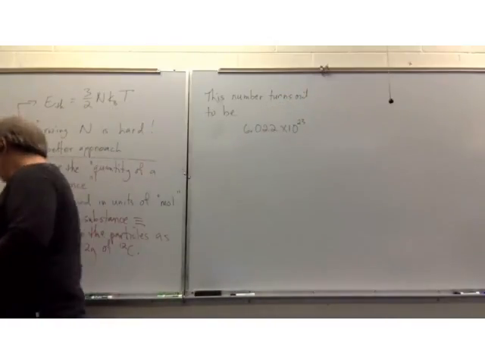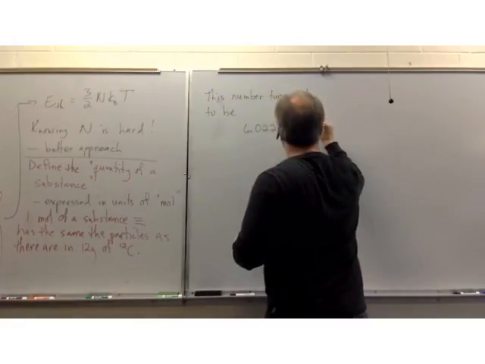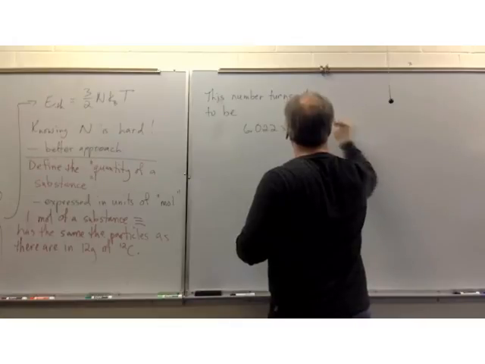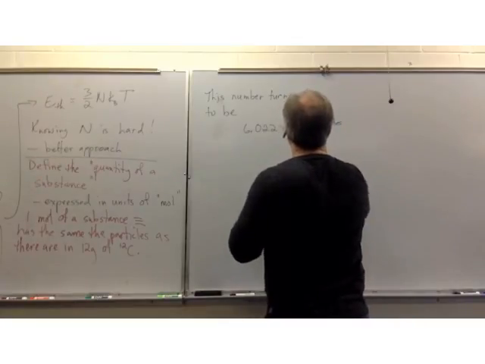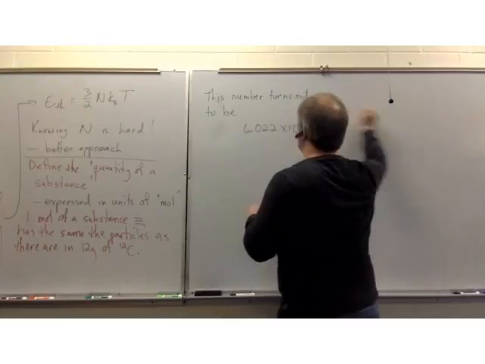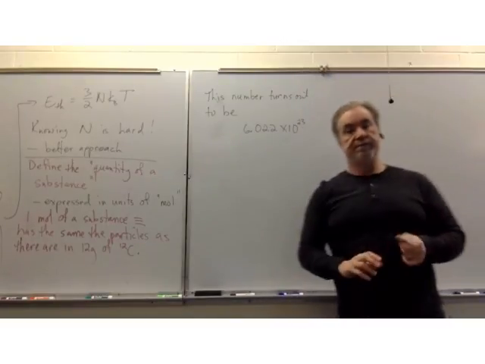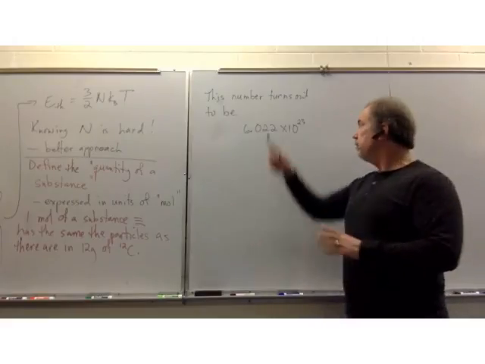And I'm going to write the units here, and I'm going to write them in a very peculiar way. So this is the number of particles, okay? And so we talk 6.022.